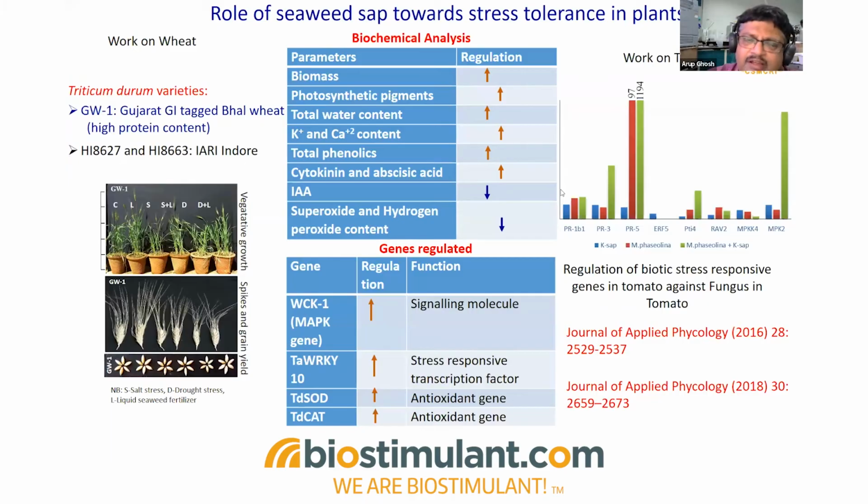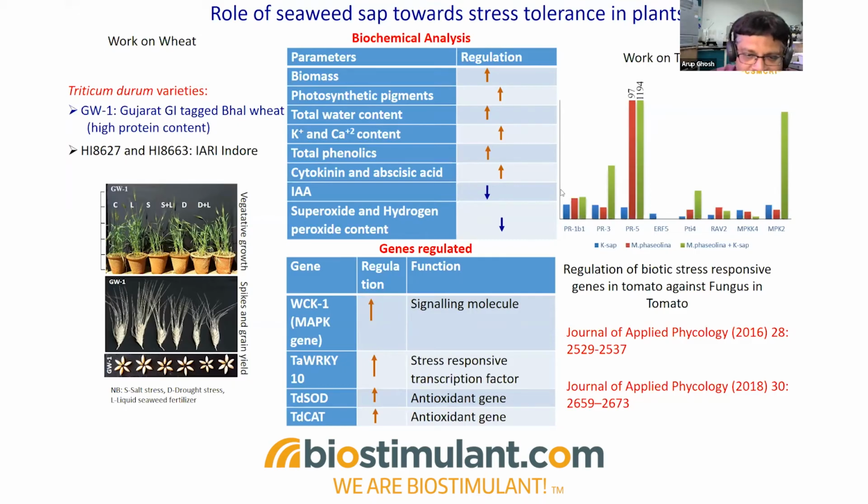Not only in wheat, we also did gene expression studies in tomato and wheat, and we found that it is also giving stress tolerance in case of drought, as well as salinity. So these are initial results where we found that there are certain signaling molecules like MAP kinase genes.